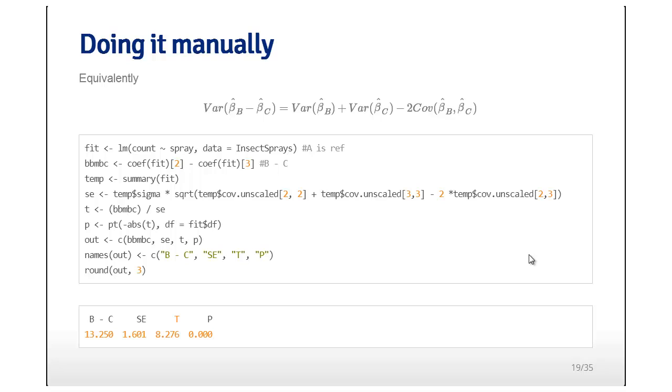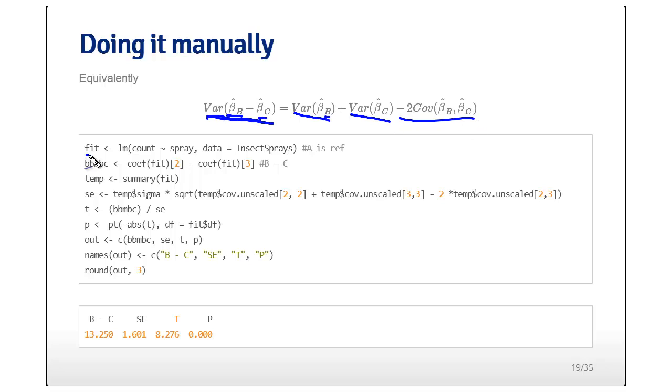And then just because I'm this kind of person and I like to futz around with things at this level, you could actually figure out how to do it manually. If you were to, for example, fit the model where A is the reference, you want to subtract the B and C coefficients and get the comparison between B and C. Well, the variance of that is the variance of the B hat for spray B plus the variance of the B hat for spray C minus twice the covariance.